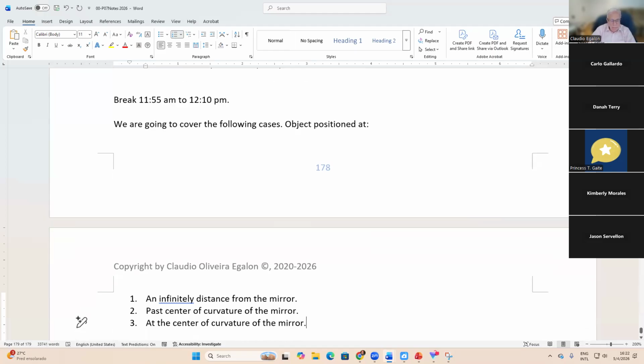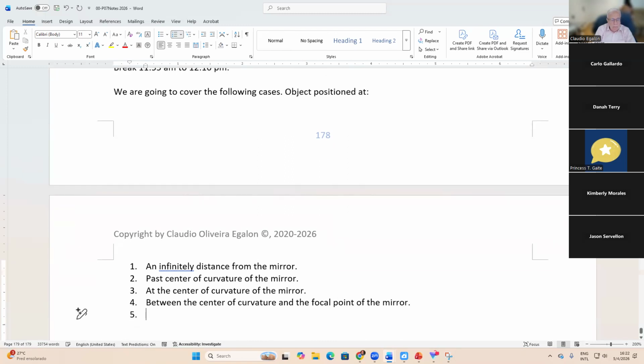What else? Between the center of curvature and the focal point of the mirror, right? At the focal point of the mirror, and between the mirror and the focal point.